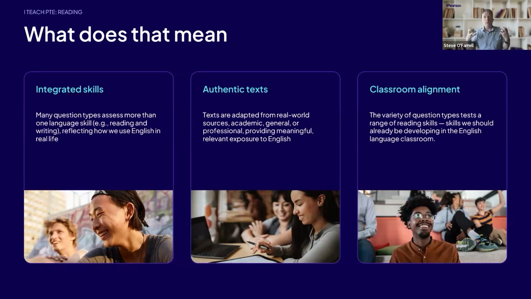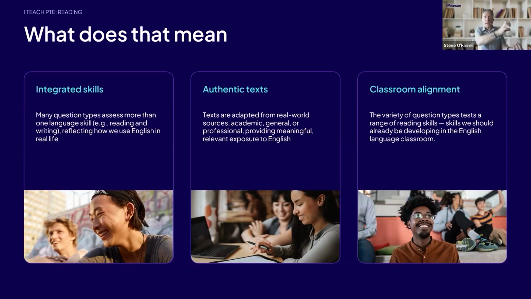So what this means is skills are very seldom used entirely in isolation. This is reflected by the fact that many of the question types in PTE are scored upon multiple skills, not just single skills. The texts, be they listening or reading, in our case, reading, are adapted from real-world text sources.